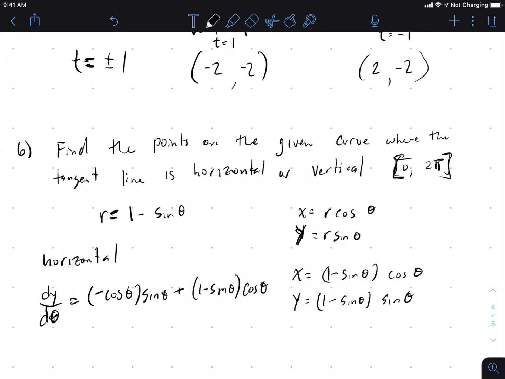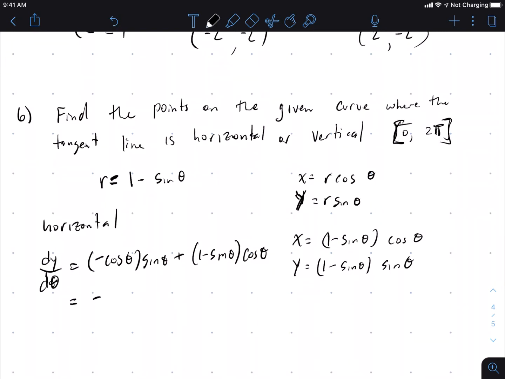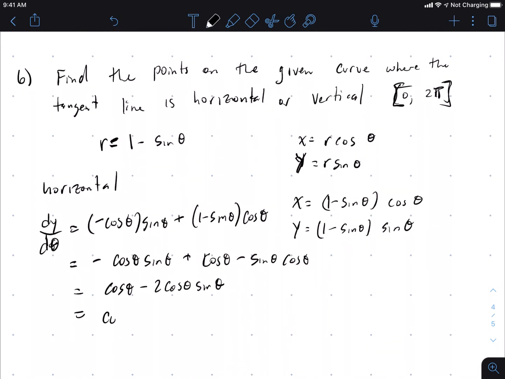Okay. Agreed. So that gives me a negative cosine theta sine theta plus cosine theta minus sine theta cosine theta, which gives me cosine theta minus 2 cosine theta sine theta, which is the same as cosine theta times 1 minus 2 sine theta.